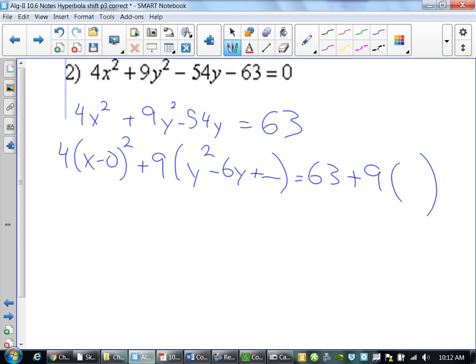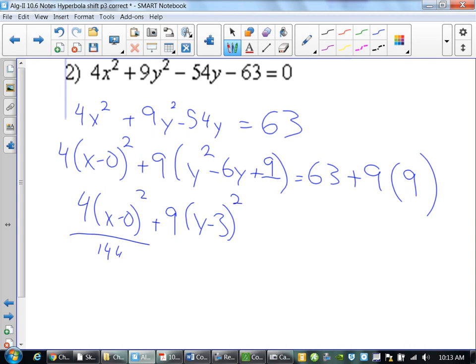So you have 4 times x minus 0 quantity squared plus 9 times y minus 3 quantity squared, equals 144, because 63 and 81 is 144, so it works out nicely. So you have x squared over 36.